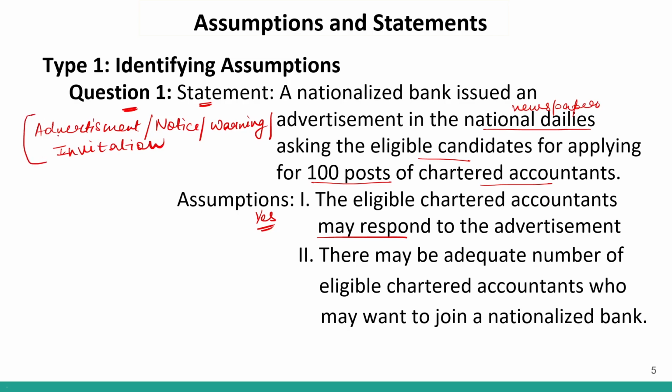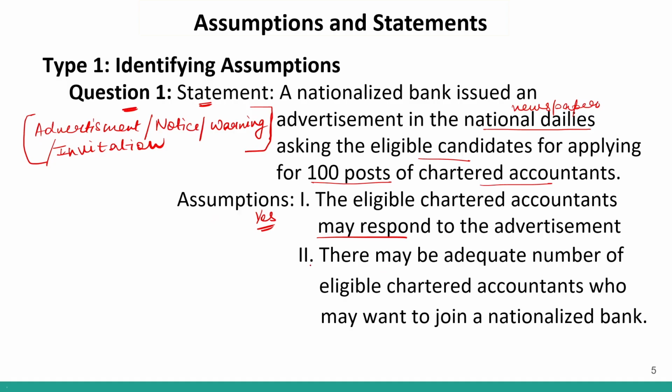The intention is that people will read this, people will take notice, and people will reply to this. So for any advertisement, notice, warning, invitation, we assume that people will react and respond to this. So the eligible chartered accountants may respond to the advertisement. This is a correct assumption.